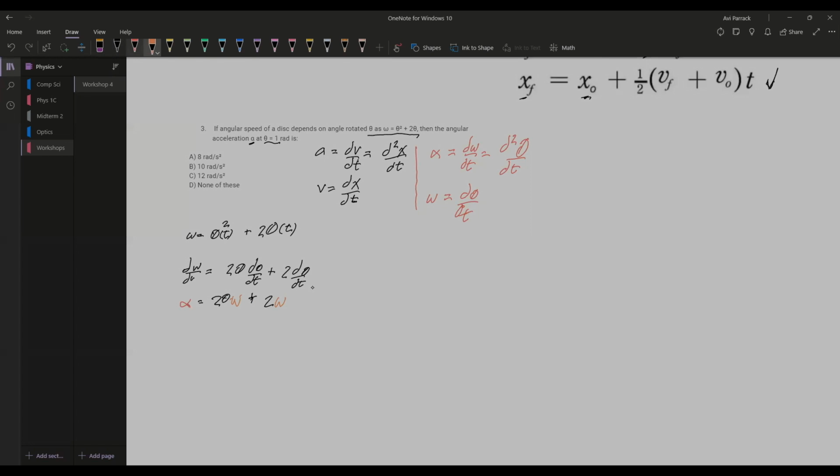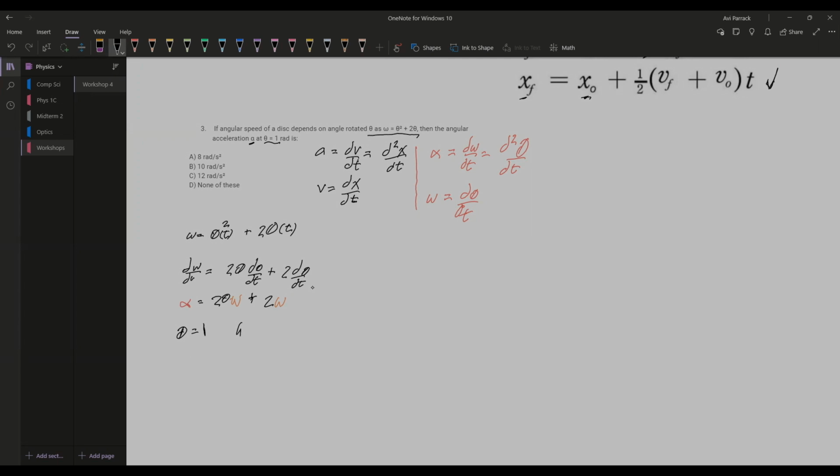All right. And they asked us to solve for alpha, right? So in order to do that, let's first find the value of omega. So we know what theta is. They told us that theta equals 1, or they want us to solve for this when theta is equal to 1 radian.